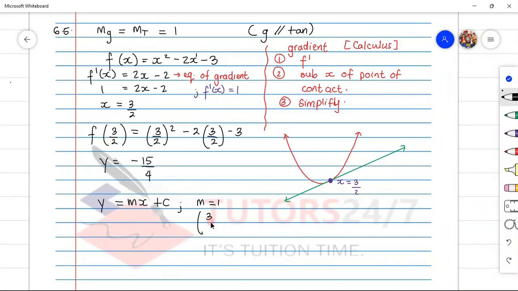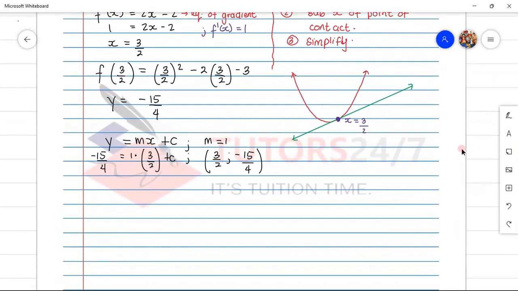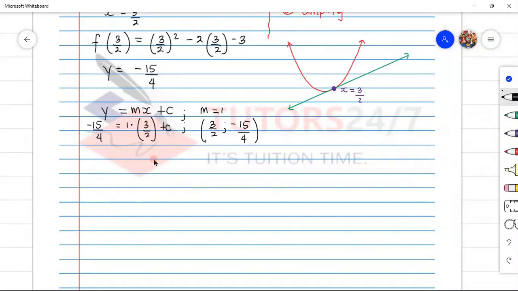Our coordinates are 3 over 2 and negative 15 over 4. So let's substitute that in. So negative 15 over 4 equals our gradient, which is 1, times our x value, which is 3 over 2, plus c. So we need to find our value of c.